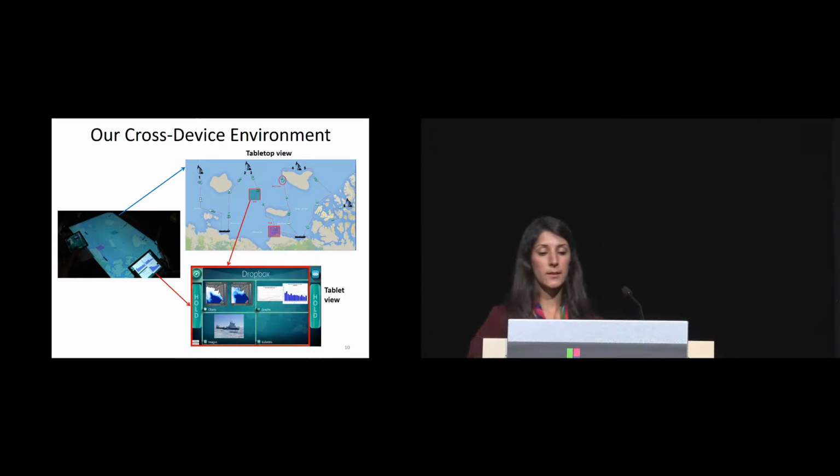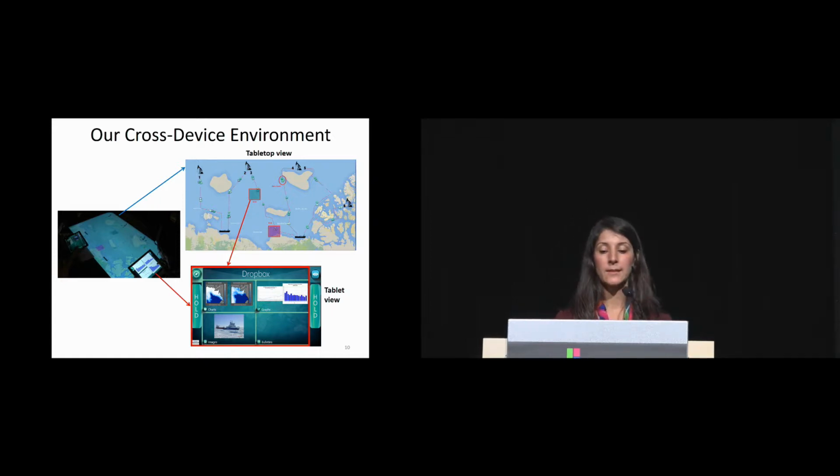And personal tablets were used to view the available geotag data. Each user's tablet view is represented on the tabletop map via a region of interest or ROI bounding box. And moving the ROI on the tabletop updates the tablet view to show the geotag data located within the geographic area that is covered by the ROI.